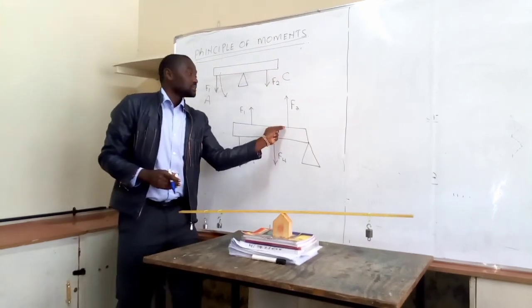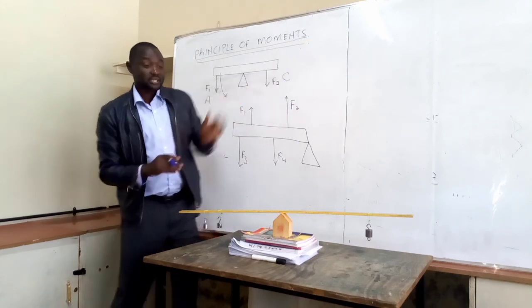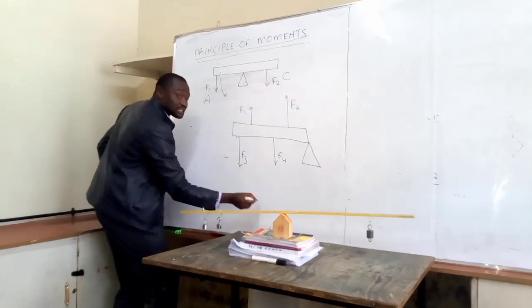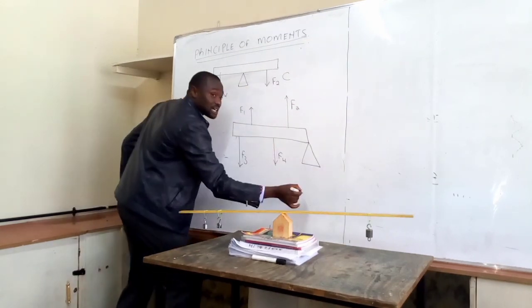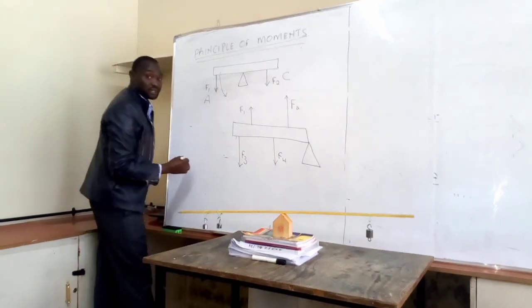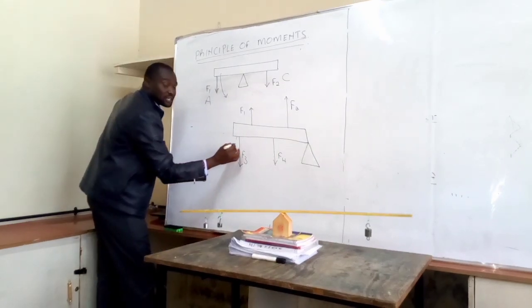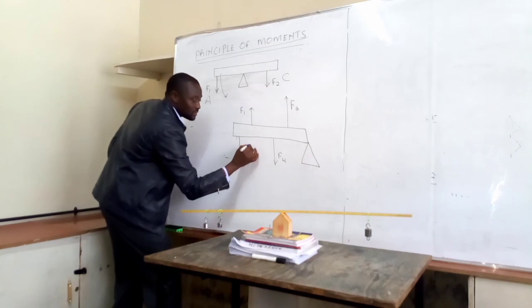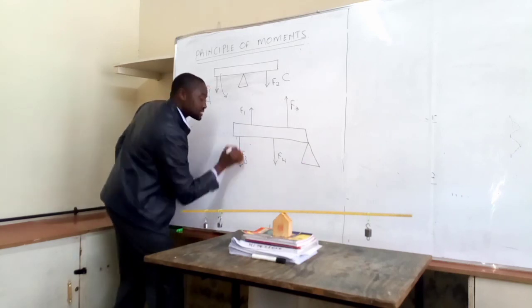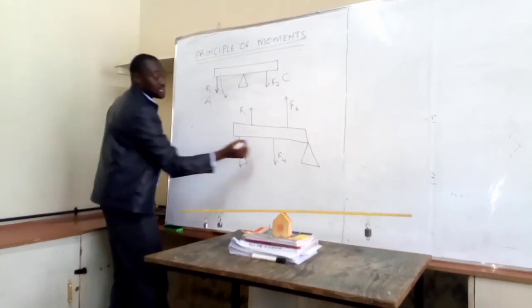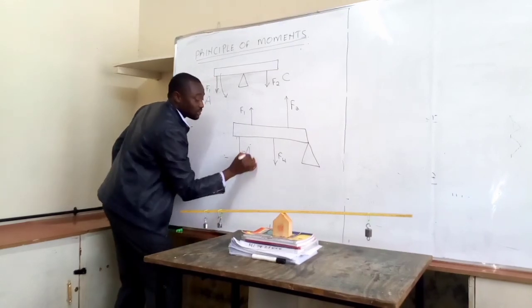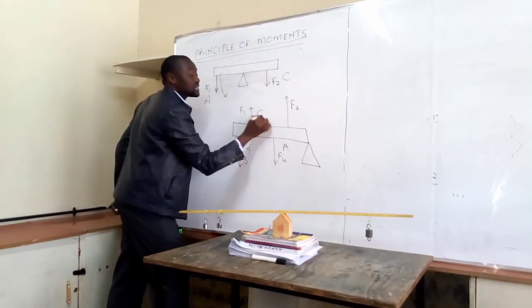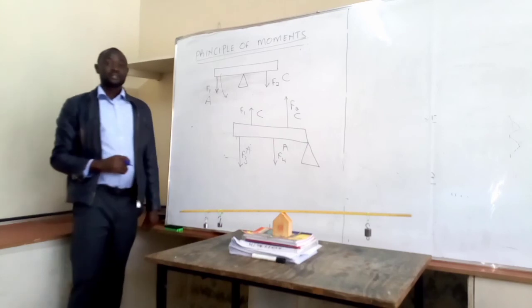F2 will also be clockwise. This will turn the system this way. This will also turn the system in that direction. Therefore, this will be anti-clockwise. This is anti-clockwise, so anti-clockwise, anti-clockwise, clockwise, clockwise.